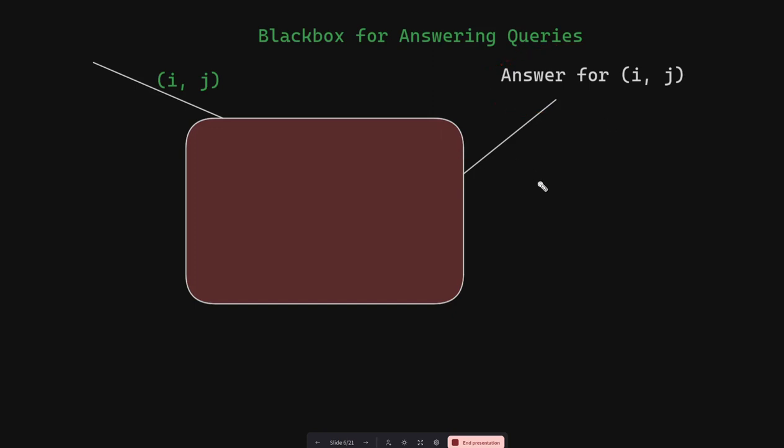So for example, one check could be that if dp of ij turns out to be greater than 1, you then know that the particular black box is not printing the truth, because no probability can be greater than 1, right? So that is one of the checks that we could apply.